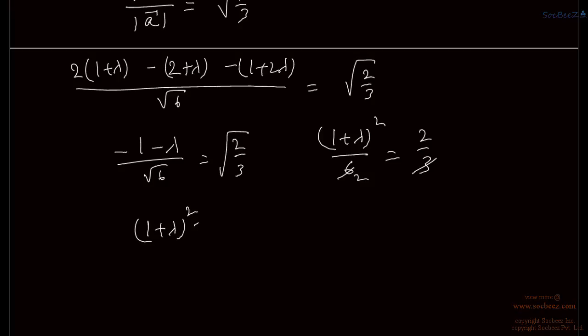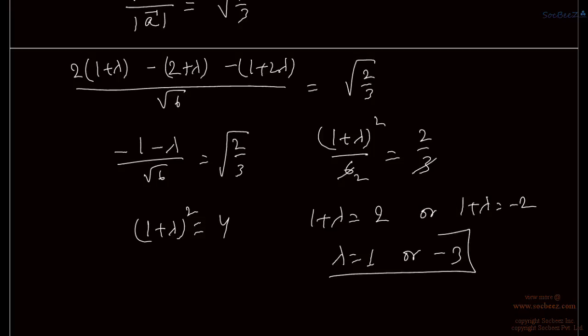So 1 plus lambda square is equal to 4. Or we have 1 plus lambda as 2 or 1 plus lambda as minus 2. So lambda can be 1 or minus 3.